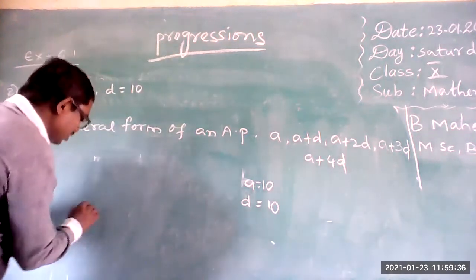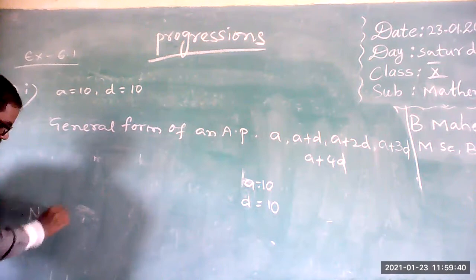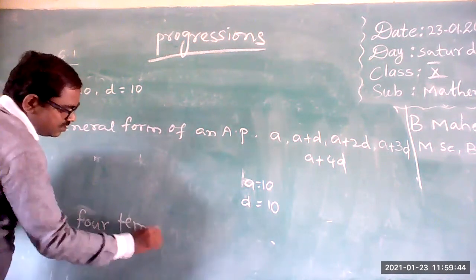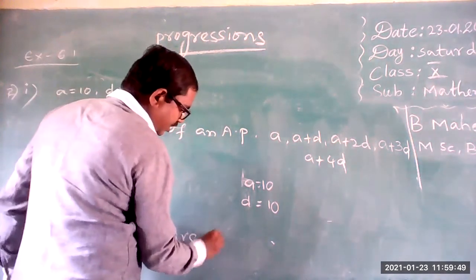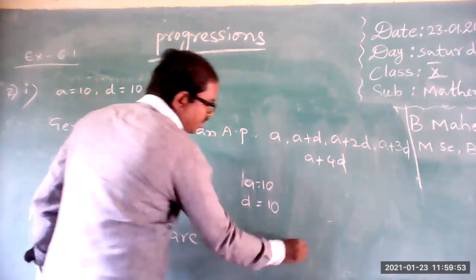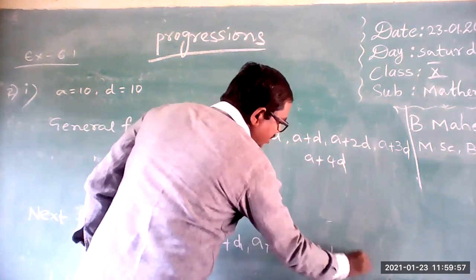So the next four terms are A plus D, A plus 2D, A plus 3D, A plus 4D.